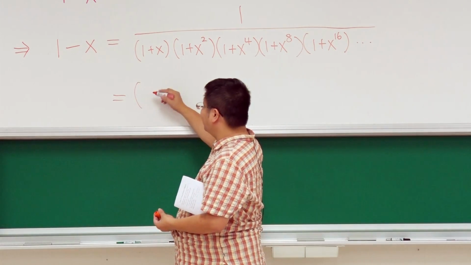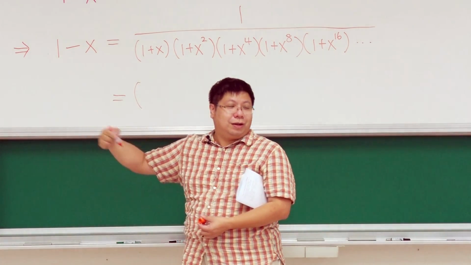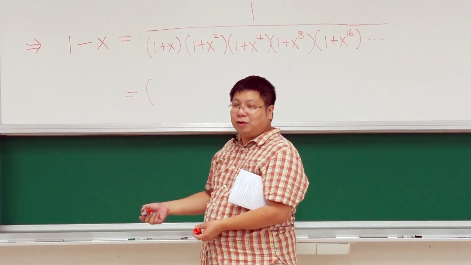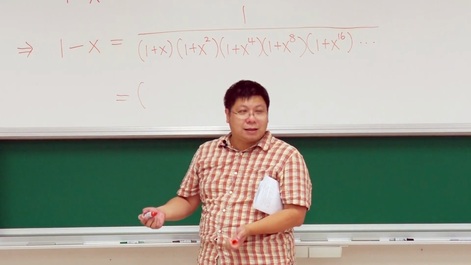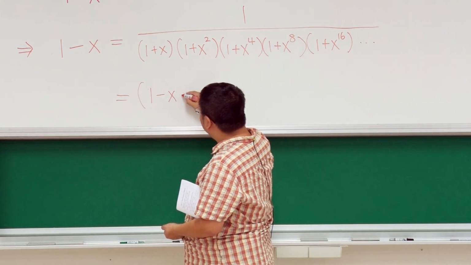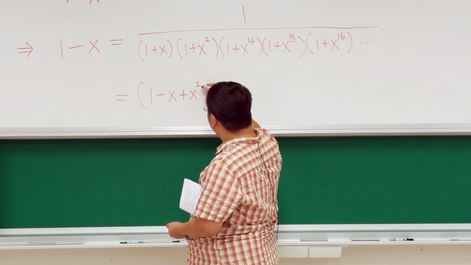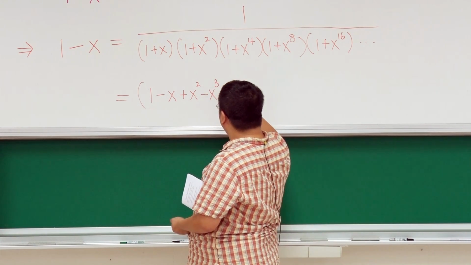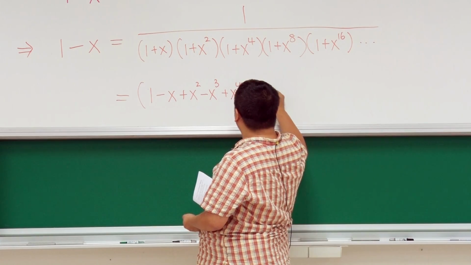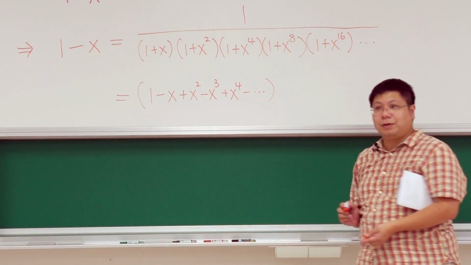Well, similar. You can plug minus x into the 1 over 1 minus x formula. You get the same result. So it will be alternating, something like 1 minus x plus x squared minus x cubed plus x^4 minus x^5 and so on and so forth. Is that okay?